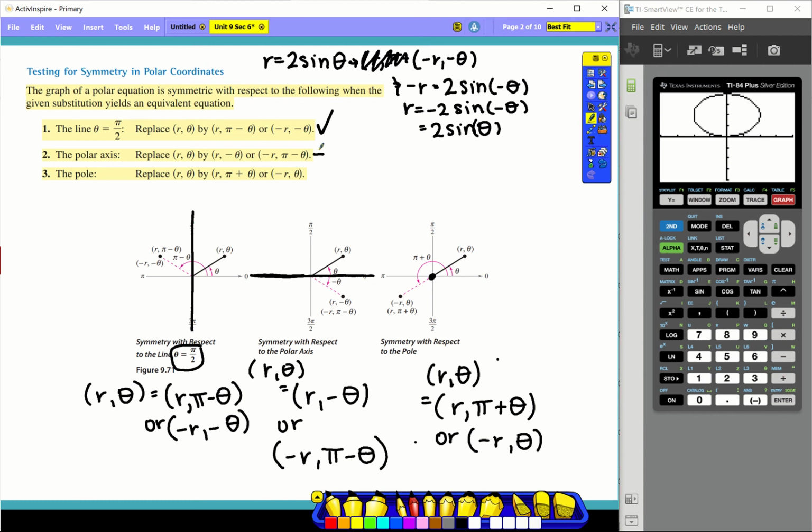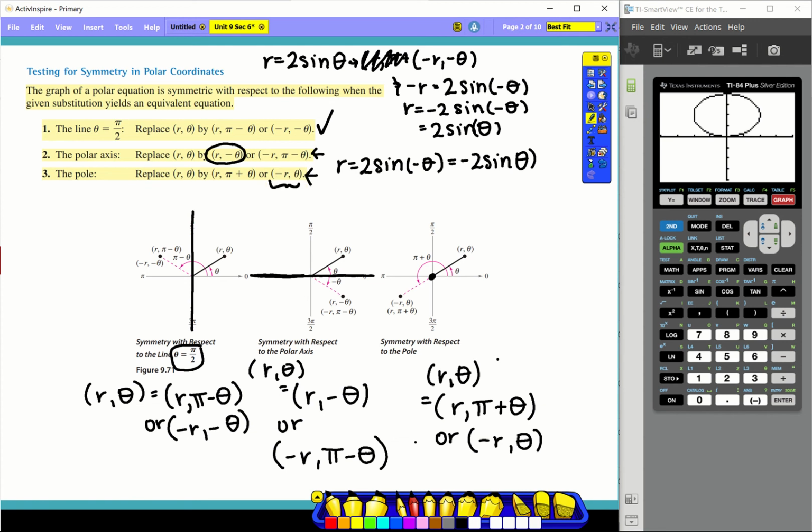Now what about this one? We can try replacing it with this. So that's r equals 2 sine negative theta equals negative 2 sine theta, which is not equal to our original equation. Now what about the pole?